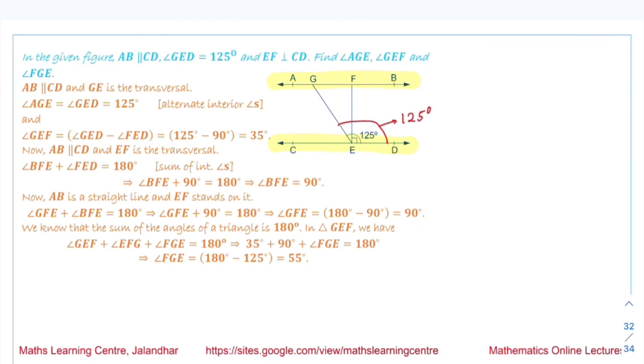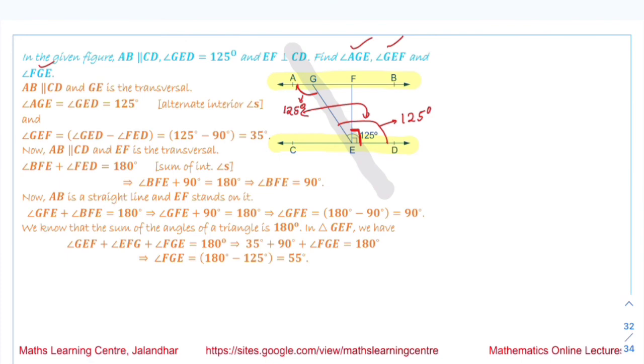And the next thing given to us is that EF is perpendicular to CD, and we have to find the value of these three angles. So if we take GE as a transversal for the lines AB and CD, if this angle is 125 degrees, then this angle is also 125 degrees, because these two angles are the corresponding angles.